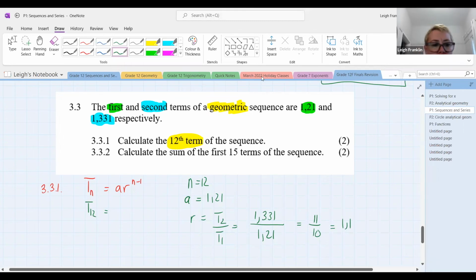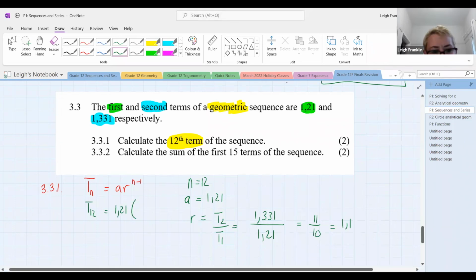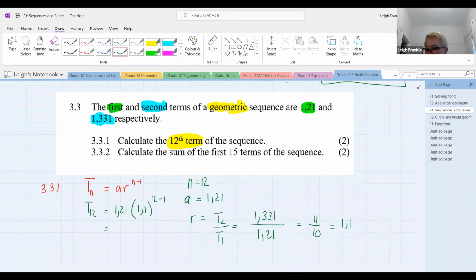Okay, all right. So now A is equal to 121. R is equal to 1.1. N was equal to 12. And then we mustn't forget to... And then you can tell me what you guys get as an answer. Yeah, me too, because I also got 11/10.